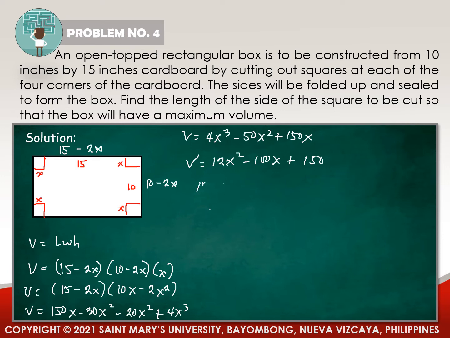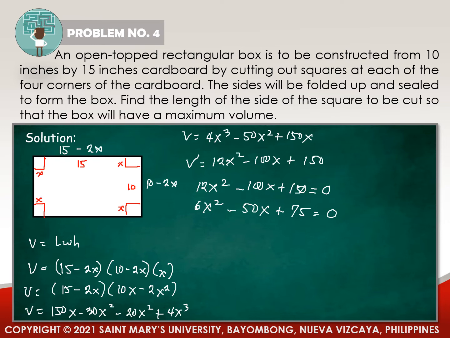So, ito ng value ng V prime, ang equate na agad natin sa 0. So, we have 12x squared minus 100x plus 150 equals 0 para makuha yung critical number. So, we can divide all the terms by 2. That's why we have 6x squared, then minus 50x kasi 100 divided 2 is 50. And 150 divided 2 is 75. Ayan. So, it will be factored if it is factorable. So, ifa-factor natin.